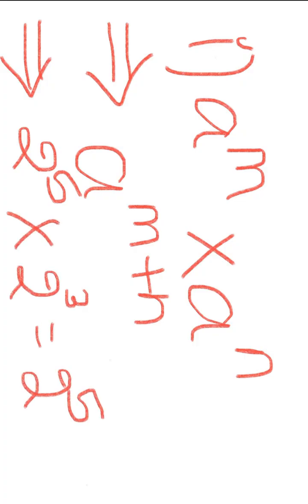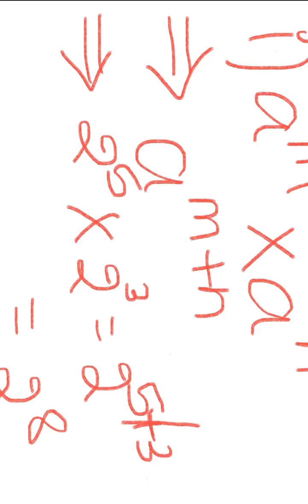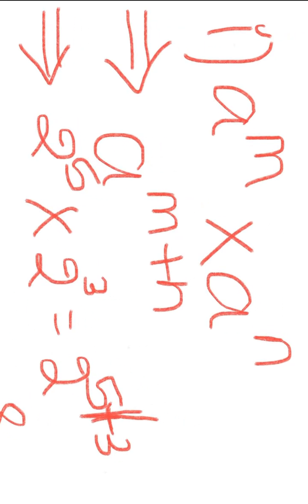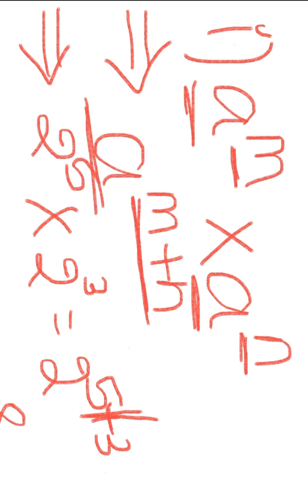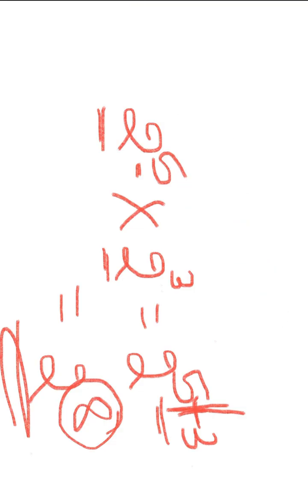That will give me 5 plus 3, so it will be 2 raised to 8. This is how the first law works. If your bases are same but the powers are different, you keep the base the same and add the powers. Here the base is 2 and the powers are 5 and 3, so you add the powers and get 8. This is the first law.